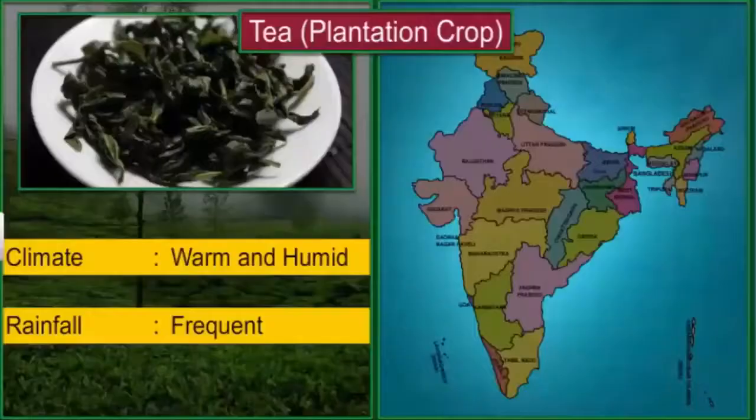The major tea producing states in India are Assam, West Bengal, Tamil Nadu, Kerala, Himachal Pradesh, Uttaranchal, Meghalaya, Tripura and Andhra Pradesh.